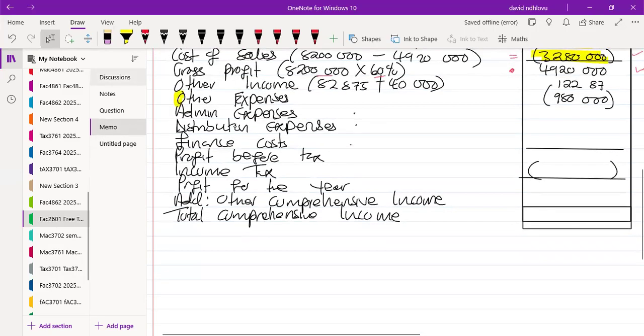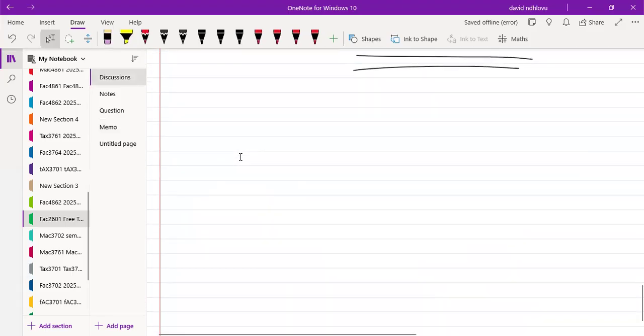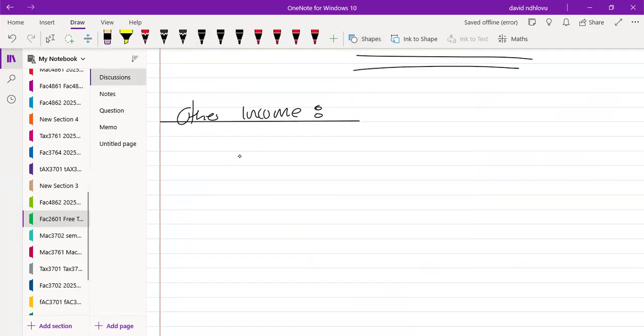Right, then we dealt with the other income. Which items, good people, did you say we include under other income in the previous session? Which items go in there?